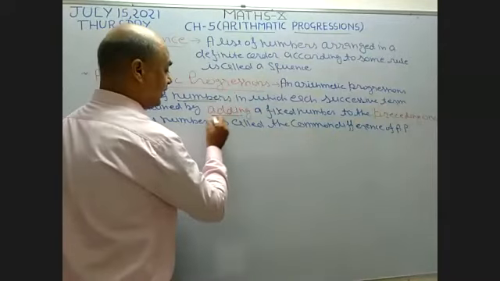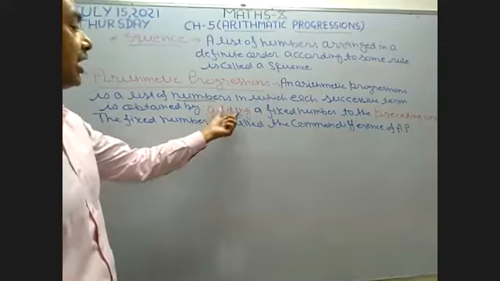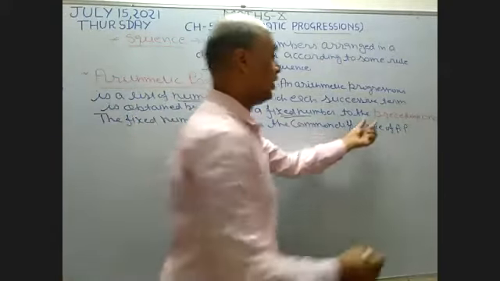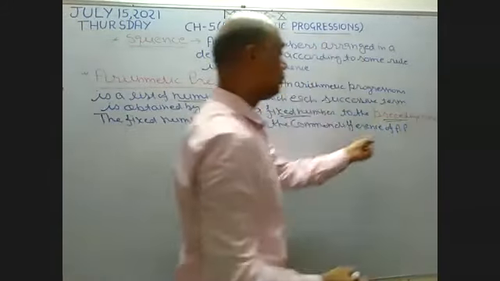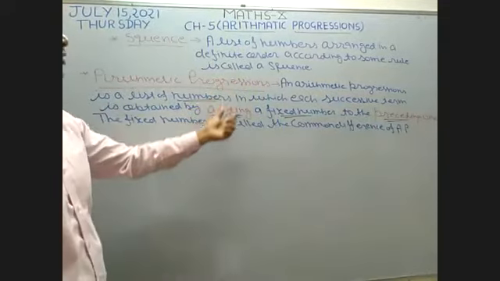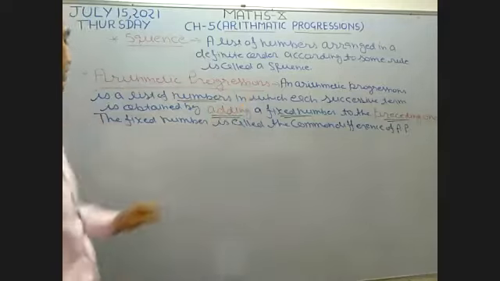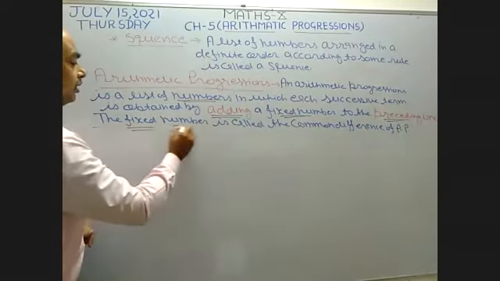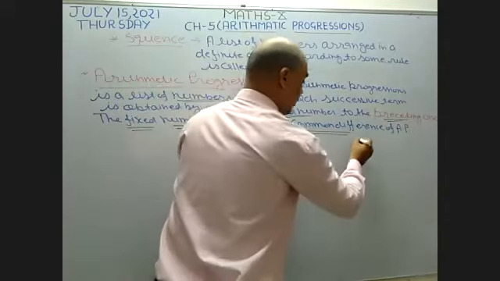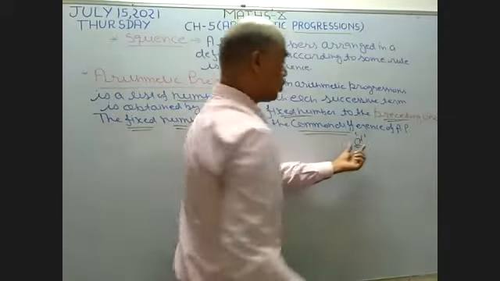If we add a fixed number to the preceding number, we get a sequence, and this sequence is known as arithmetic progression. This fixed number is called the common difference, and it is denoted by d. d stands for common difference.